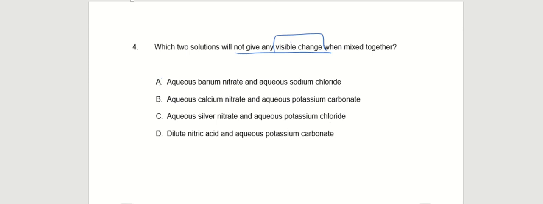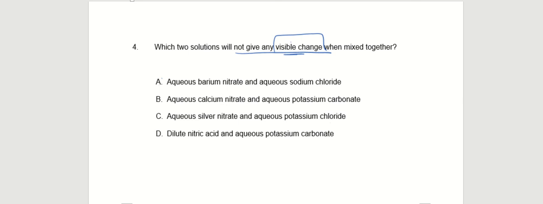Because when a precipitate is formed, or when a gas is formed, there will be a visible change. I say again, when you get a precipitate or when you get a gas from a reaction, there will be a visible change. So let's take a look at A.